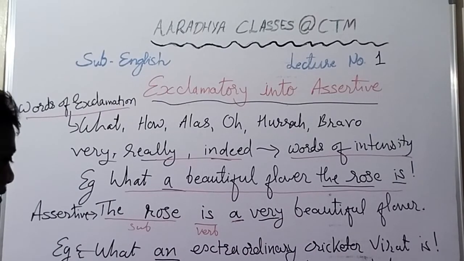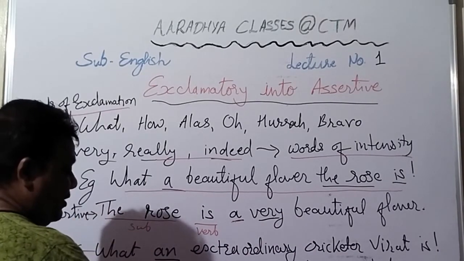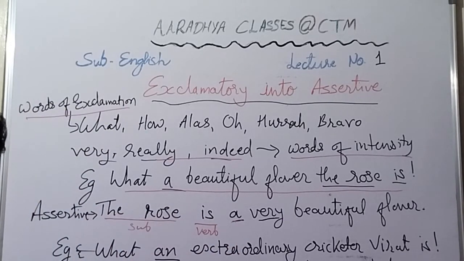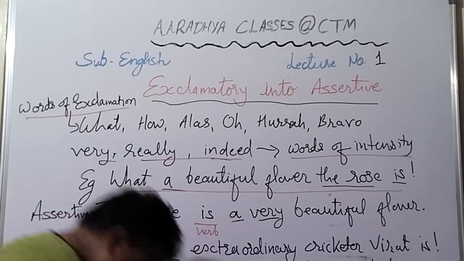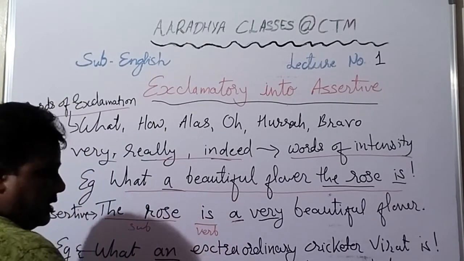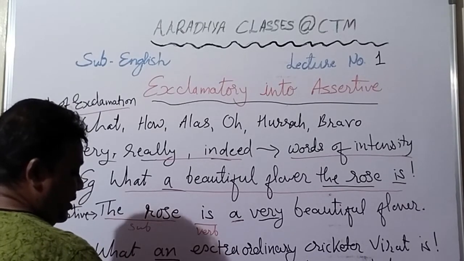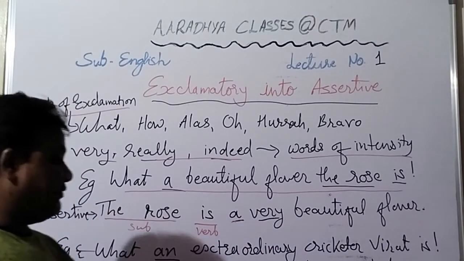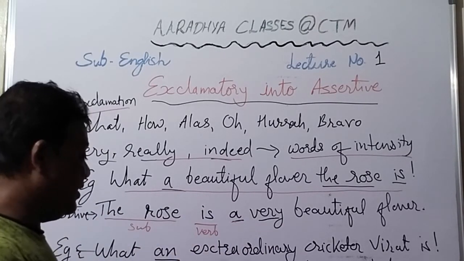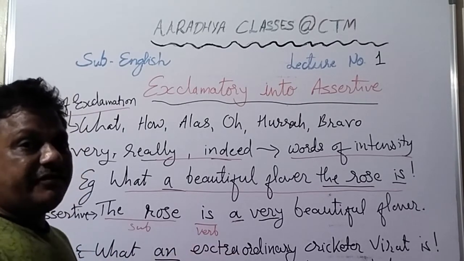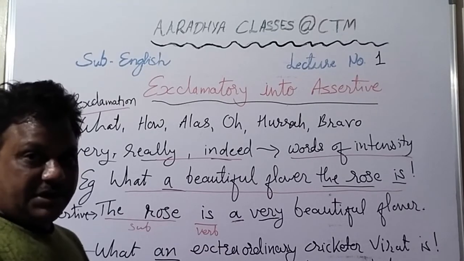So here you see, here what we have done is, instead of very we have used really or indeed, and really and indeed are written before the article. Okay, you can see this change over here. Here article a, and after that you have got the word very, but here you see really or indeed and then you have article. So whichever article is there in case of really and indeed, that will remain the same. But if you are using very, then an also will be converted into a, and a will remain a only.